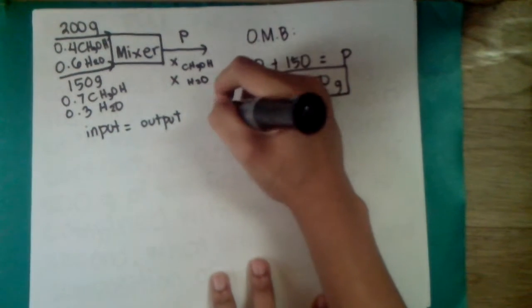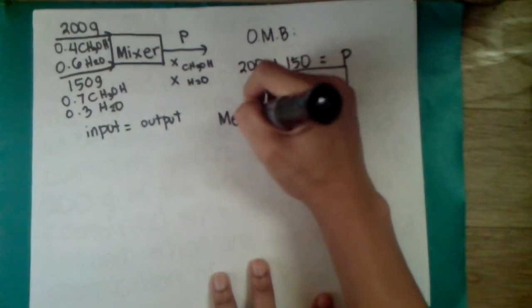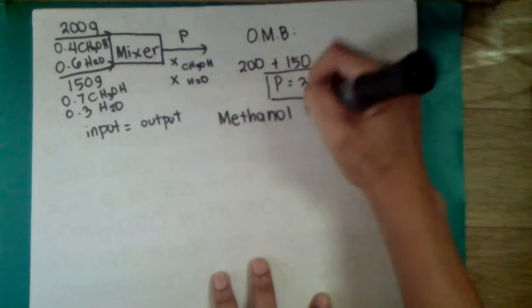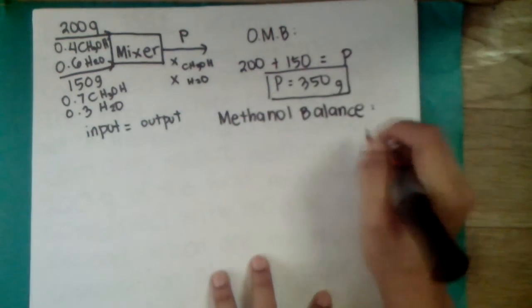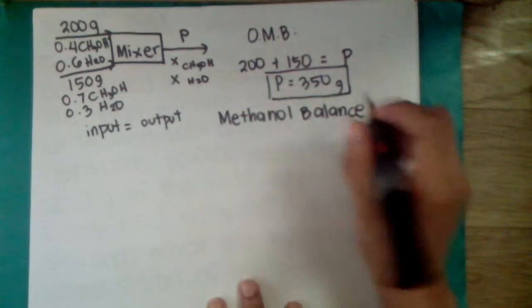Next step, we have the methanol balance. Again, input is equal to the output.